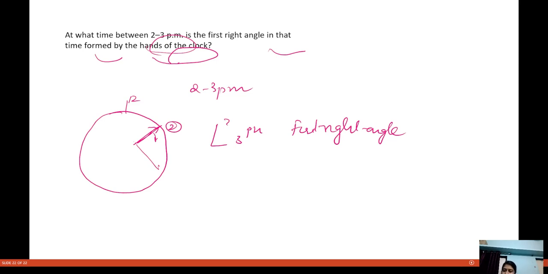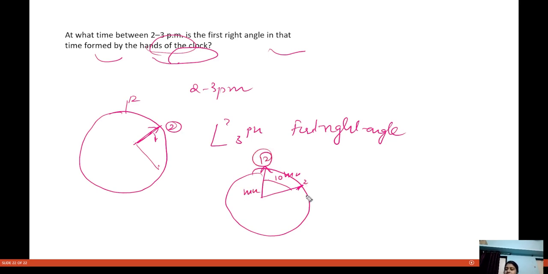So this is very evident that whenever it is 2 p.m., your minute hand is 10 minutes behind your hour hand.